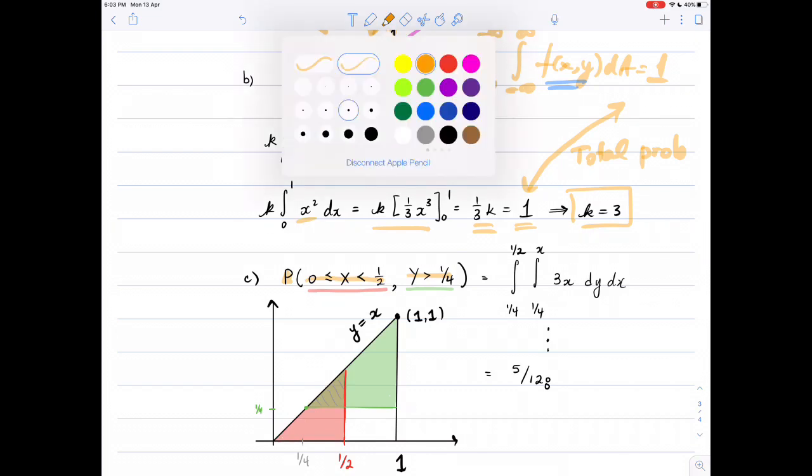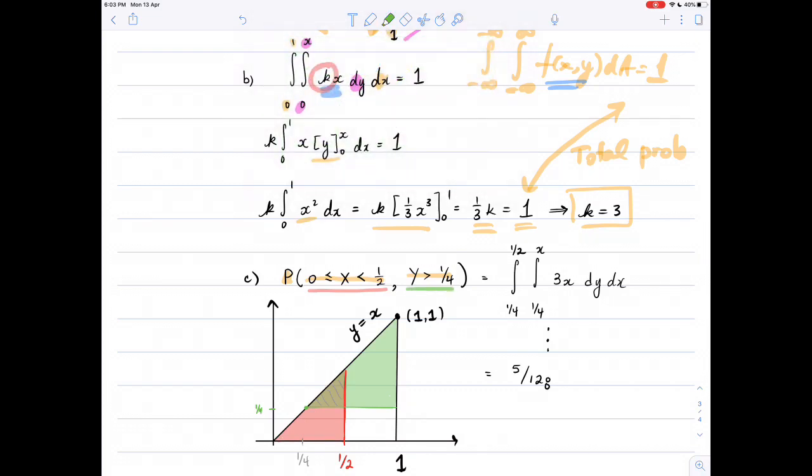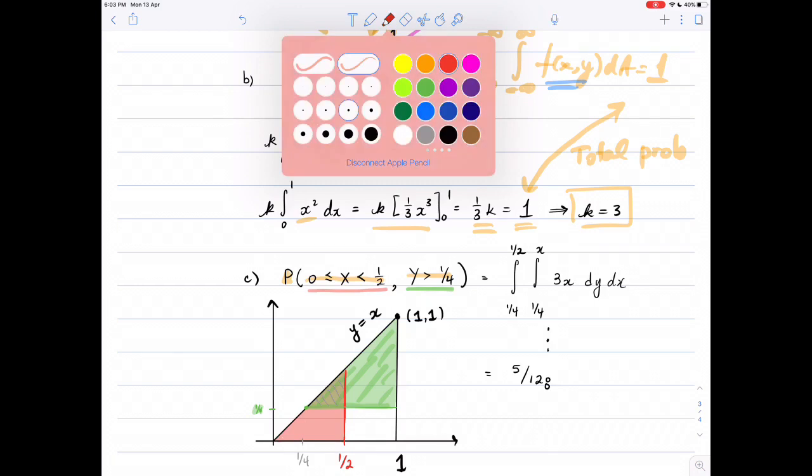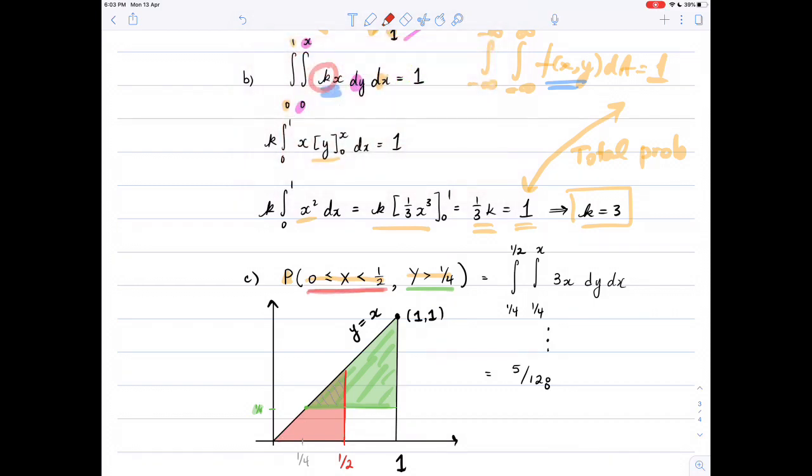So if we go down into our triangular region and graph these things, when we graph y greater than 1/4, here's 1/4. If y is greater than 1/4, it is everything above 1/4. But at the same time, I want x to be between 0 and 1/2.